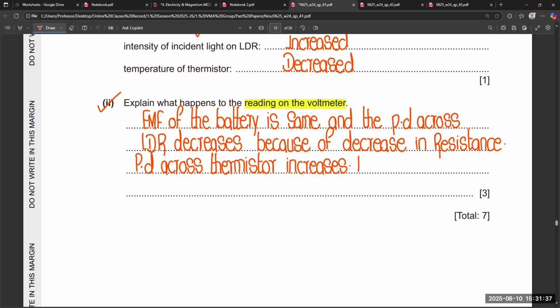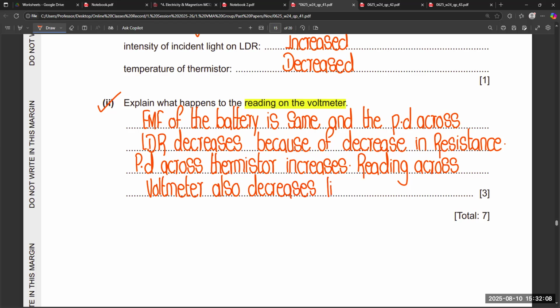So the reading across the voltmeter also decreases because of the LDR.